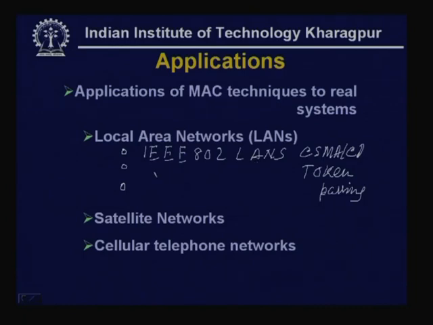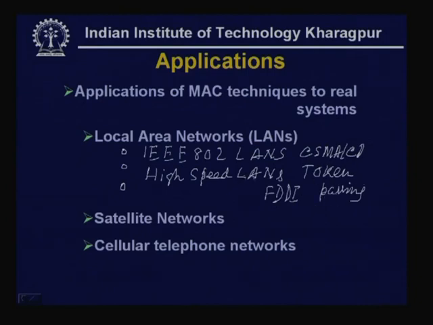We shall also discuss the high speed LANs, where these medium access control techniques are used. High speed LANs based on CSMA CD are essentially fast Ethernet and gigabit Ethernet, and also FDDI, fiber distributed data interface, which uses token passing protocol.